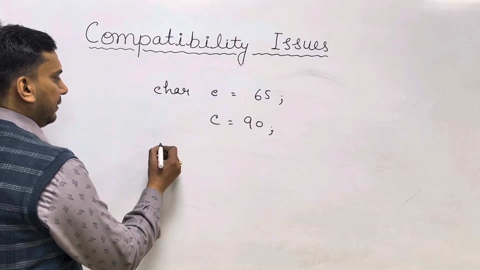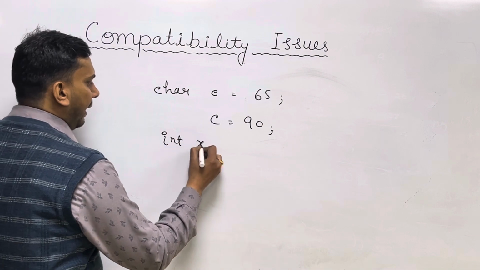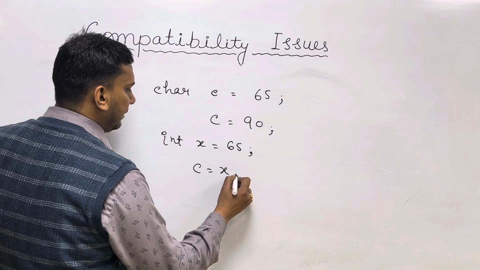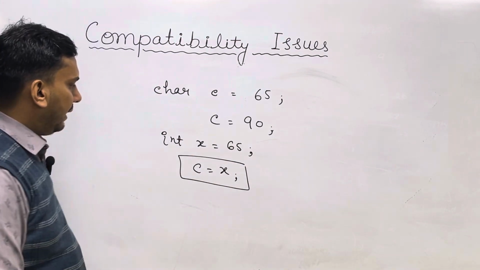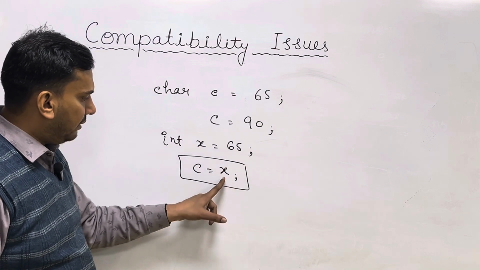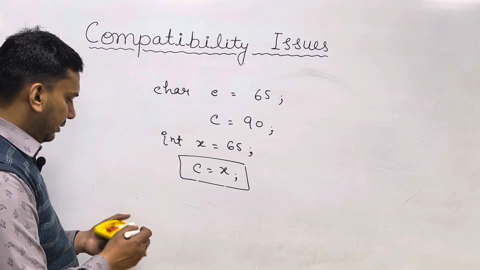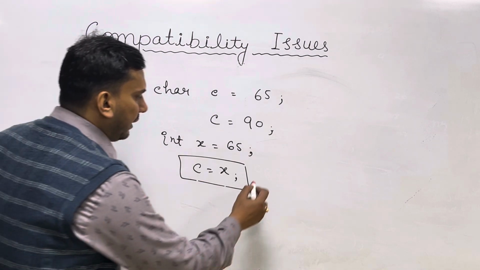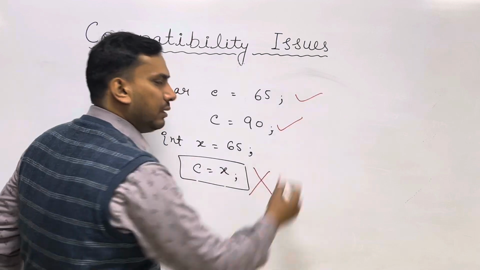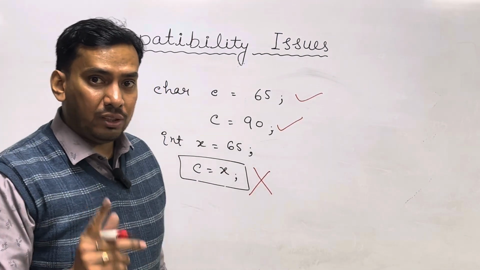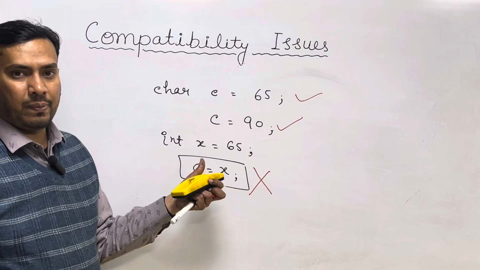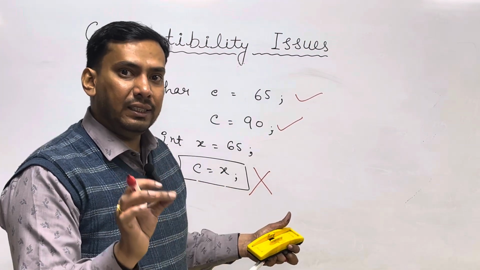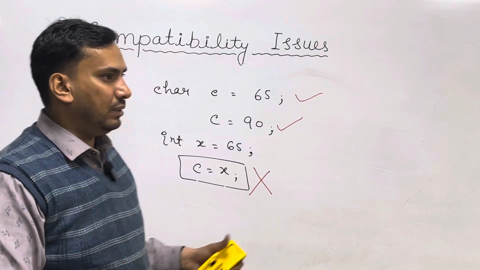What I mean to say is, if I write here int x is equal to 65 and if I write c is equal to x, I am trying to assign x, which is an int value 65, to char variable c, this code will give you a compilation error. Why? Because char is compatible with an integer literal, not with an int type variable. Variable assignment is not allowed, but the assignment of integer values is allowed, right?